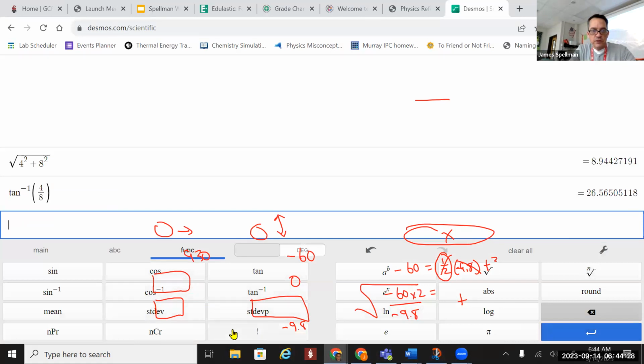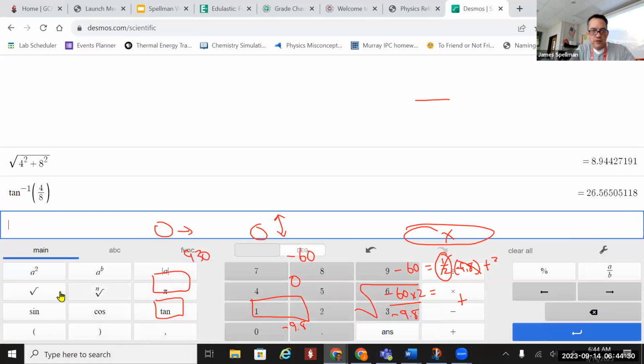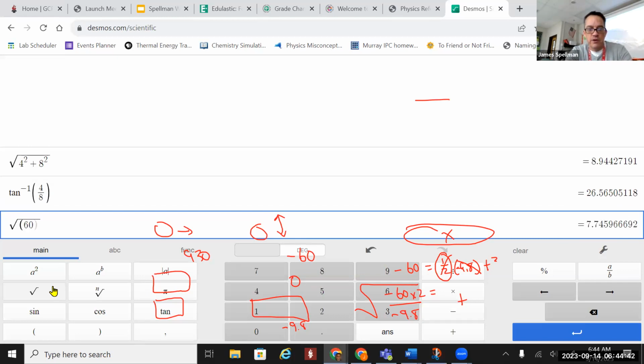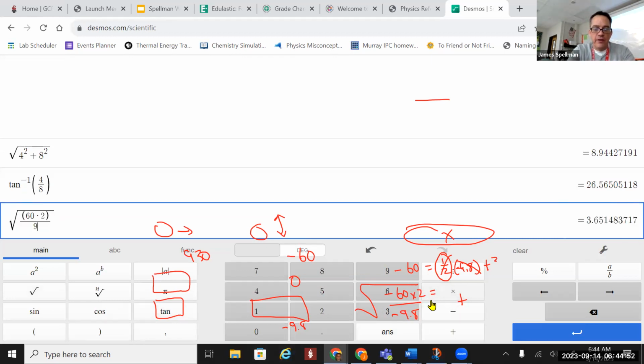So I'm going to take the square root of, put this in parentheses, 60 times 2 divided by 9.8.